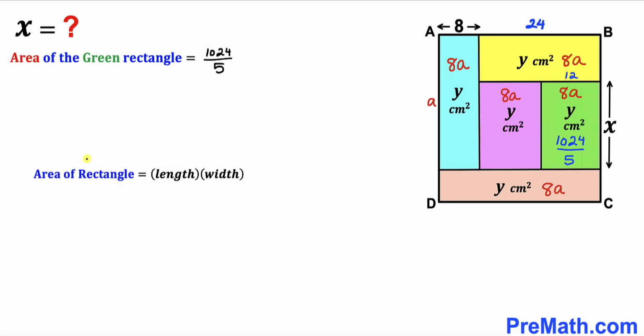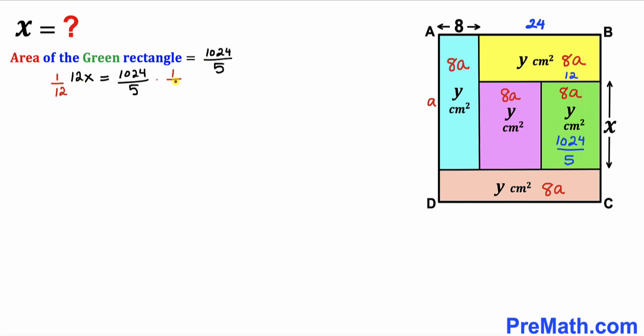And now let's recall once again the area of rectangle formula. Area equals length times width, and in our case our dimensions are x and 12. So therefore the area of this green rectangle, 12 times x, is going to be equal to 1024 divided by 5. And now let's go ahead and multiply both sides by 1 divided by 12.